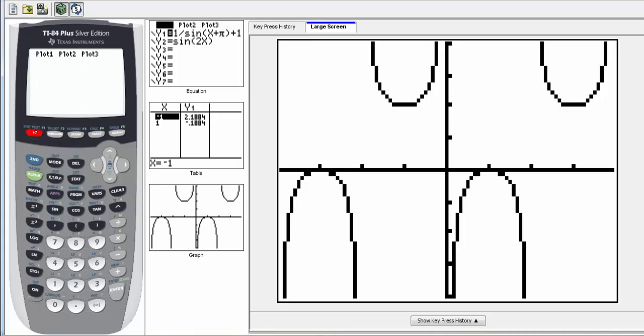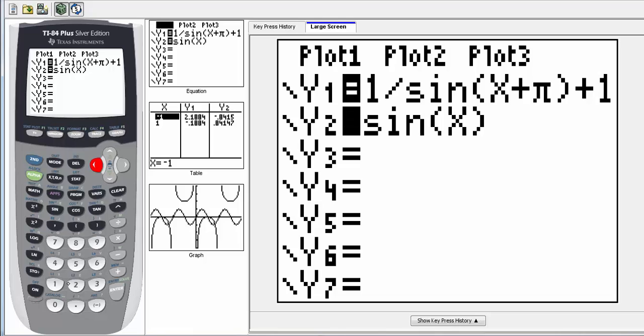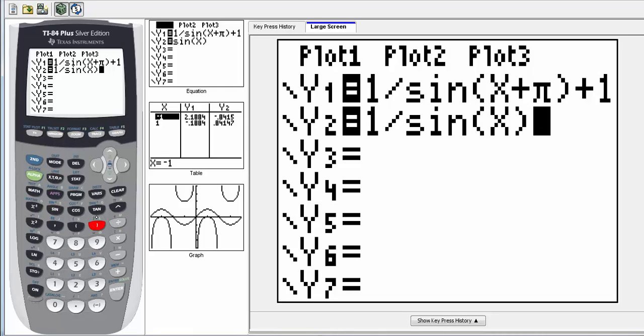So for example, let's see if this is going to look too bad. If we were just to look at the graph of y equals sine of x, so in other words, I'm sorry, we want to make it cosecant. So if we looked at 1 divided by the sine of x.